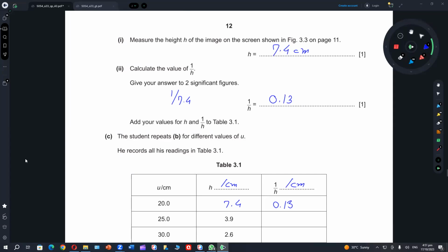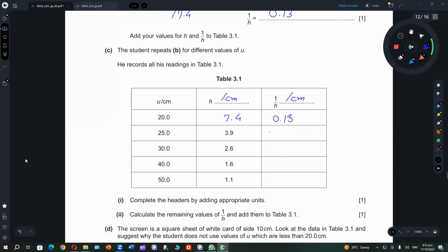Yes. Okay. And this one. Let's keep on double checking the answers. What about 1 upon 3.9? 0.25.